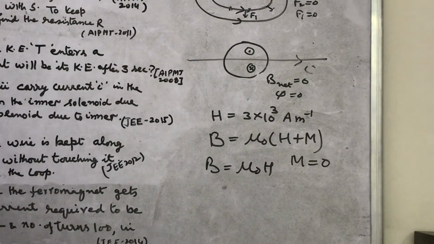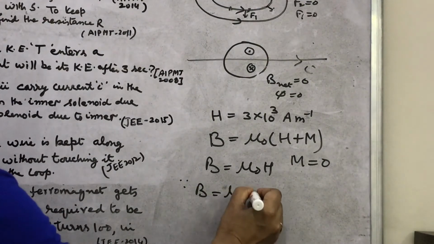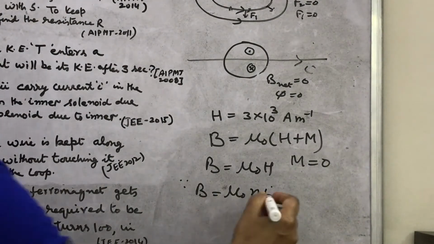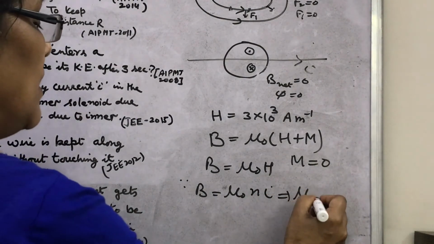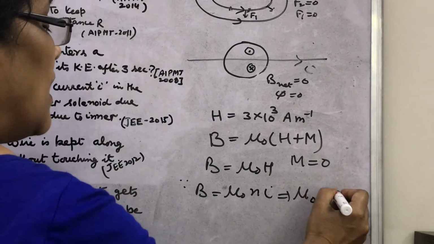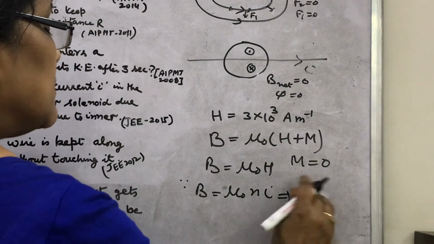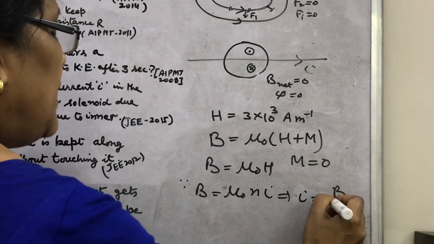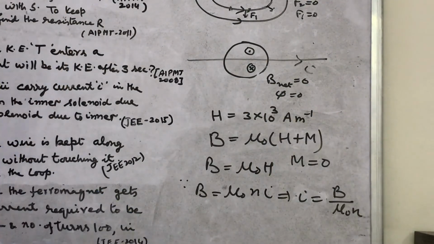What is the magnetic field of a solenoid? We have read B equals mu naught n I, where n is the number of turns per unit length. So we can write mu naught n I. Suppose first we find I. I will be B upon mu naught n.